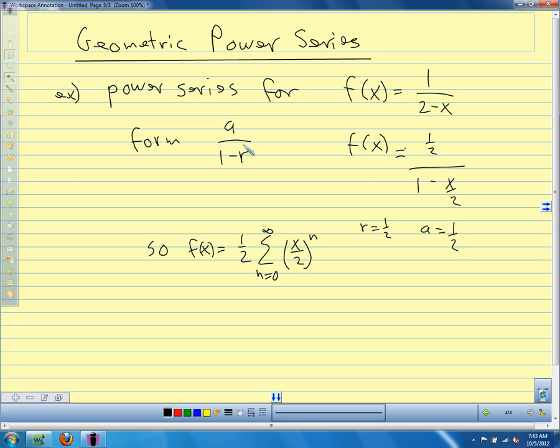Now I'm going to go through the next several examples. They are going to go more towards Chris's question of how we're going to apply this. These are classic examples of working with power series.